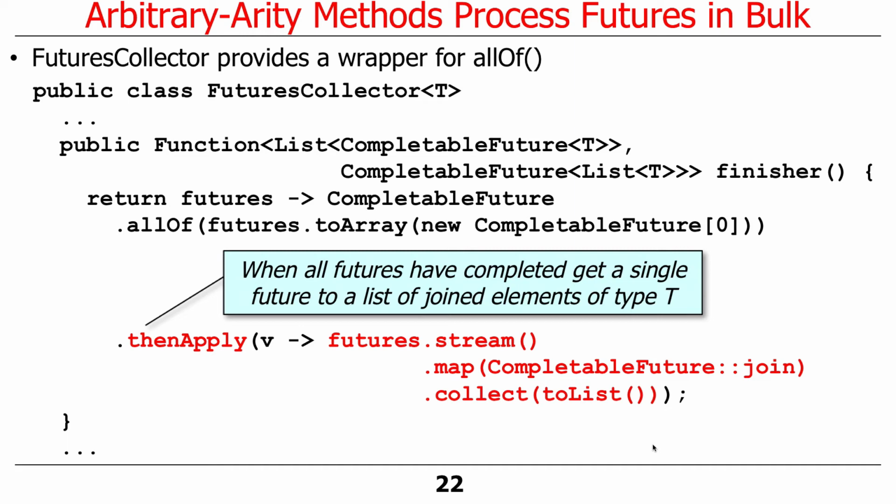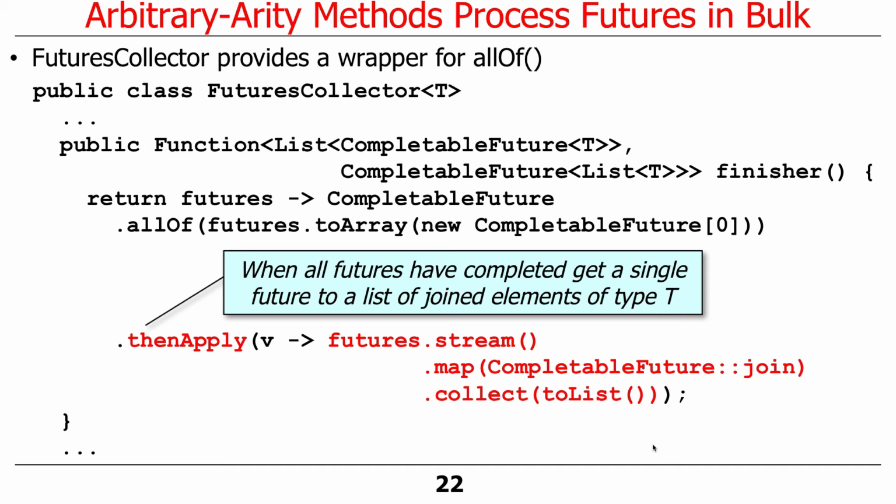And what it does, and this is just too cool for words, it takes the original list of futures, all of which are now complete, because we never get to this point if they weren't all done. It turns that list of futures into a stream, calls CompletableFuture join to convert the completable future value to the value, right? So it's going from future to value of type T. And this code will never block. The join will never block because we never would have gotten called if anything was still incomplete.